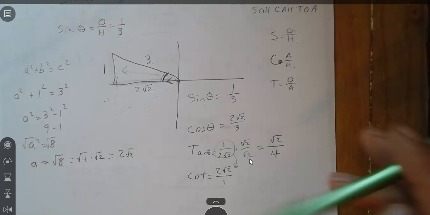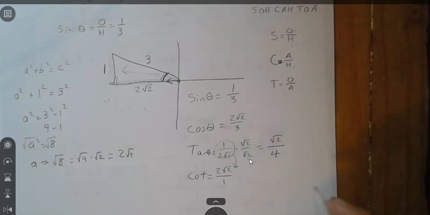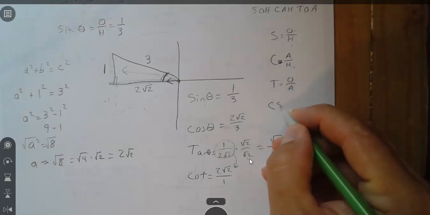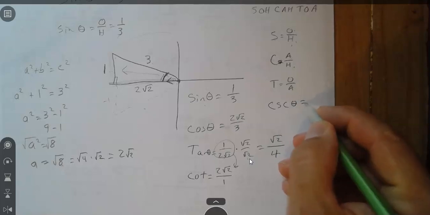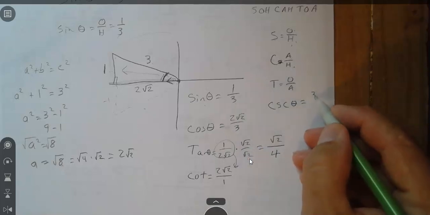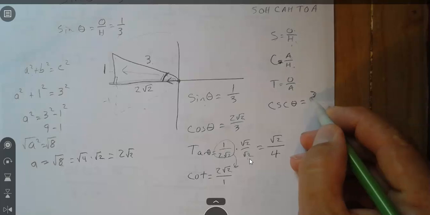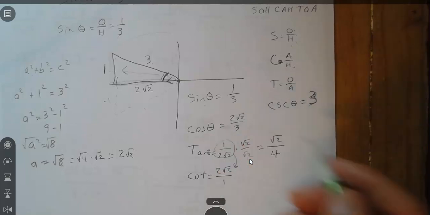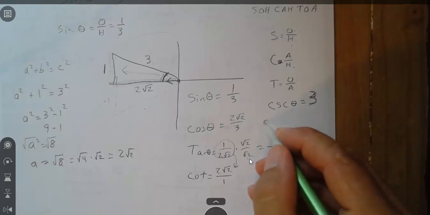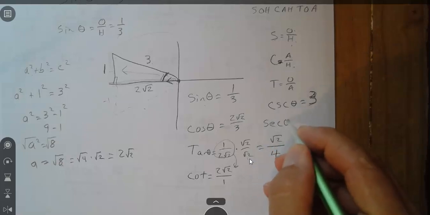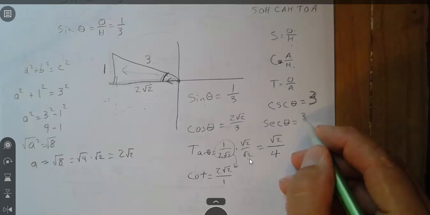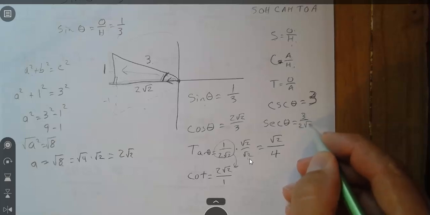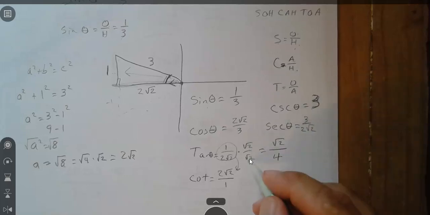What's the reciprocal of sine? That is cosecant theta. So I'm going to just take that and flip it. So it'll be 3 over 1, or in other words, 3. And then my secant, I apologize, will be the flip of cosine. My secant theta would be 3 over 2 root 2 multiplied by root 2 over root 2.